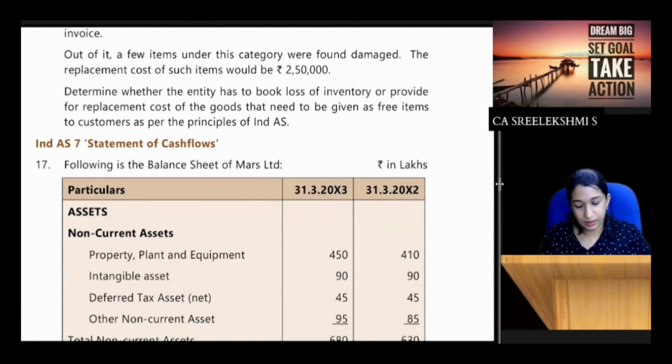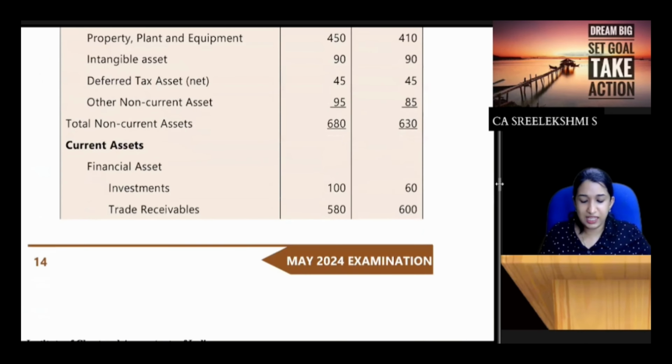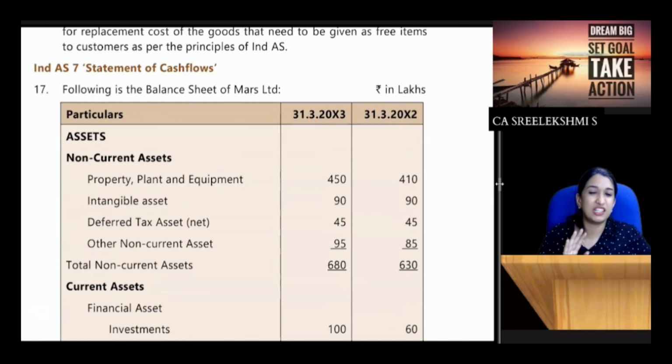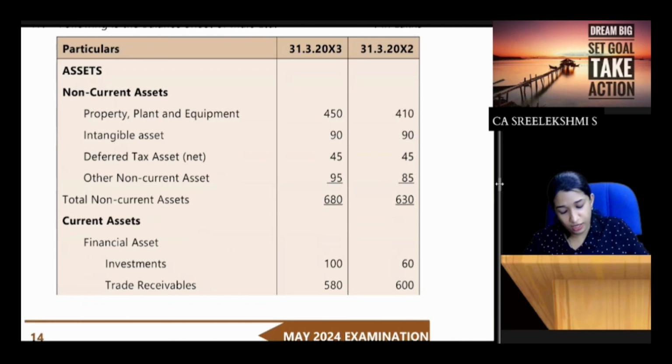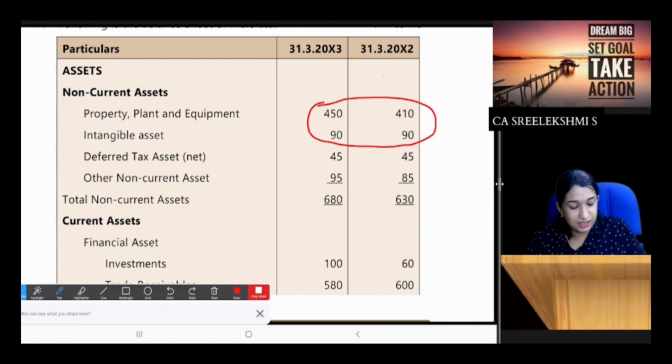Okay. Then the cash flow statement, actually statement of cash flows, but this question is very simple and straightforward. Let's find out. Non-current assets, intangible assets, etc. This is actually investing activities.